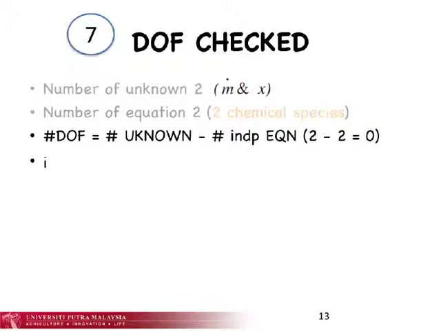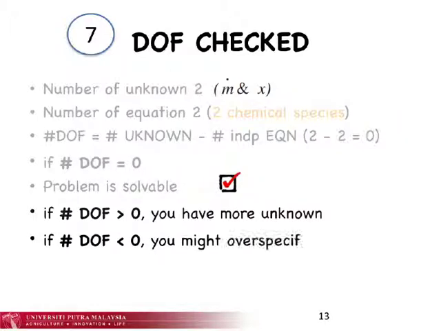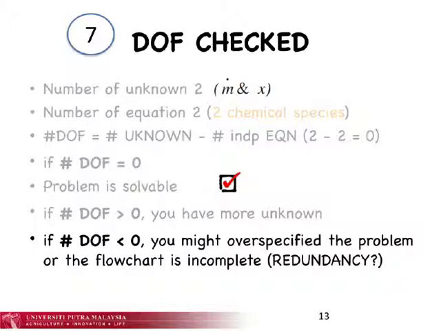To calculate the number of degrees of freedom, it is just the number of unknowns minus the number of independent equations. So for our case, we have 2 unknowns and 2 types of chemical species. So the number of DOF is equal to 0. It shows that the problem is solvable. If the number of DOF is not equal to 0, then you have to recheck your flow chart or any other labeling of your variables. The last bit will be solving the problem.